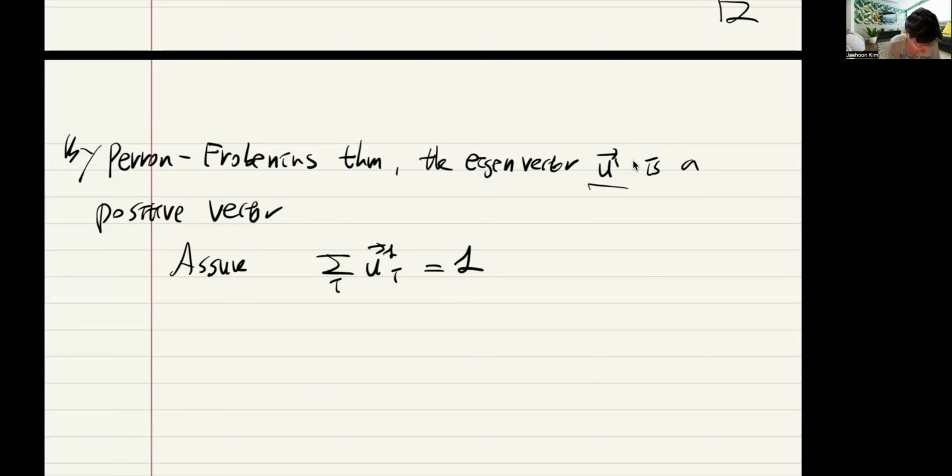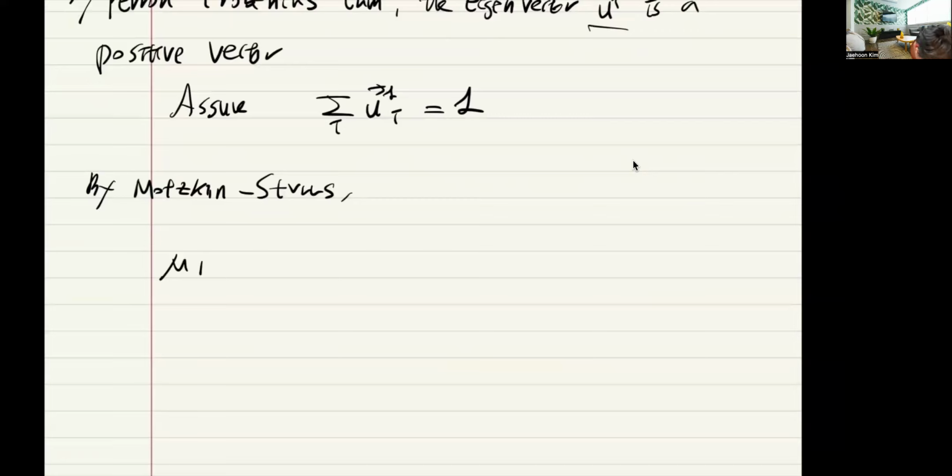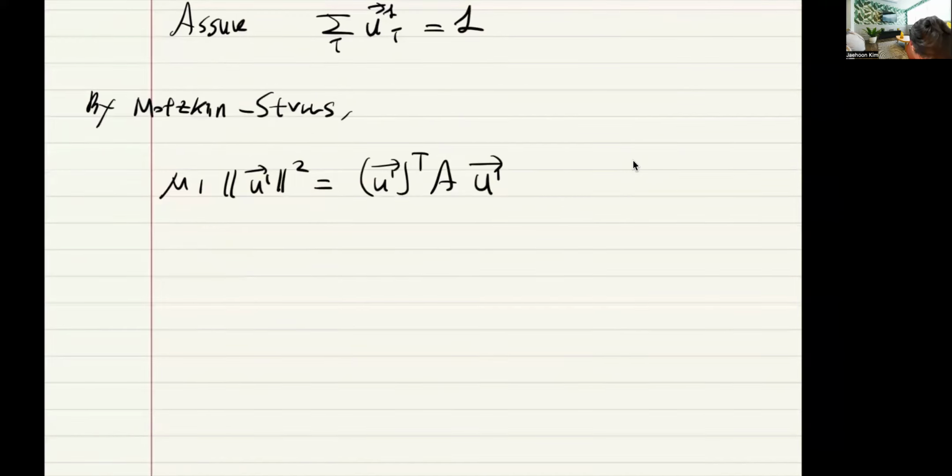So we normalize it. Then using Motzkin-Strauss, mu1 times the norm of this vector squared is the same as this quadratic form, and that's at most 1 minus 1 over omega of G, the clique number.